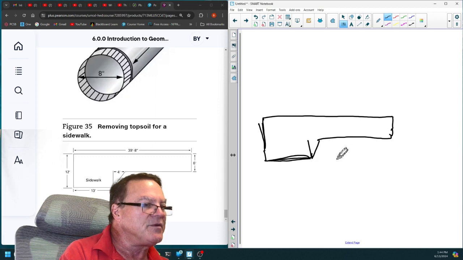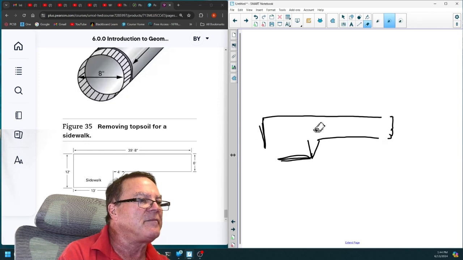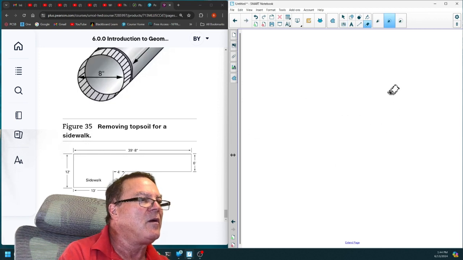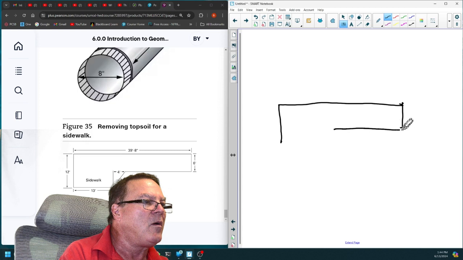Well, I'm not doing good drawing at all, am I? What's going on here? All right. There. So I'm going to break this into 3 different shapes.